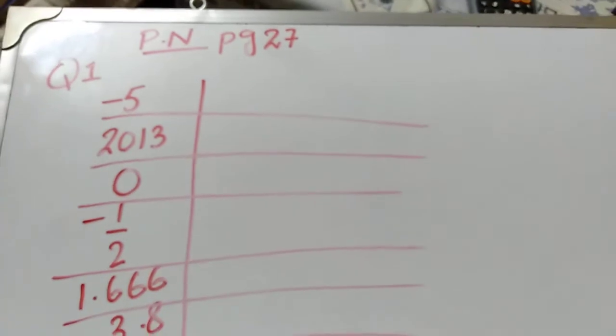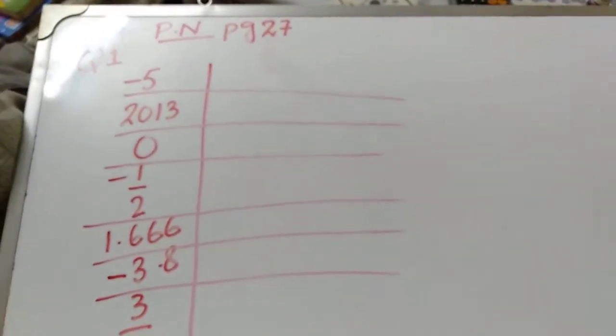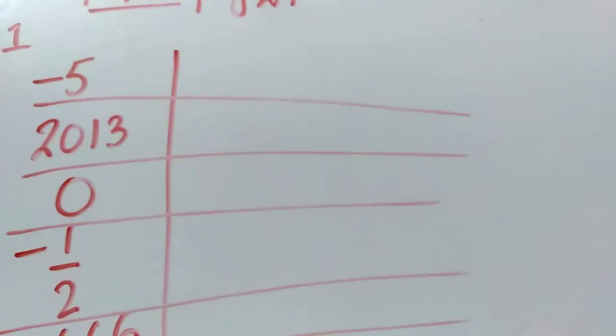So this is practice now, question number 1, page number 27. I have written all the numbers and made the columns. Now I will write the names of these numbers here.